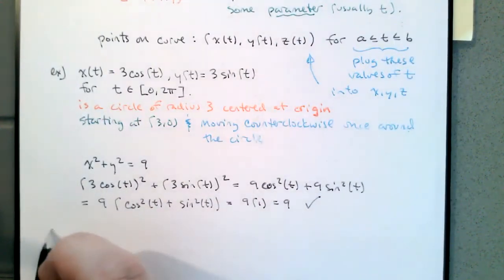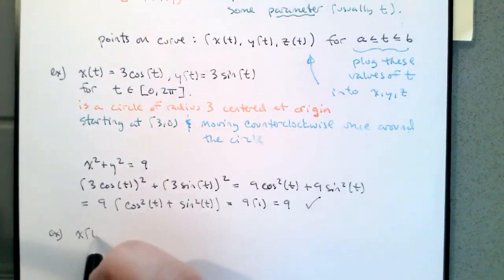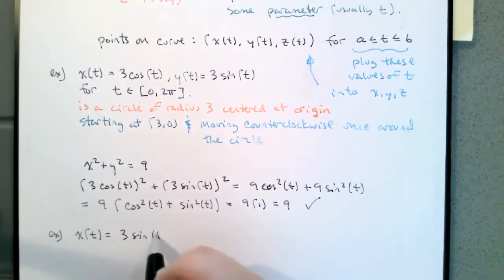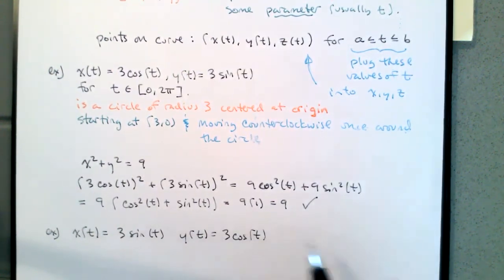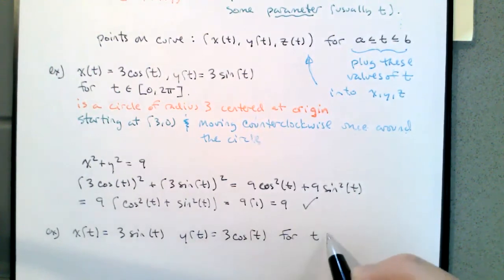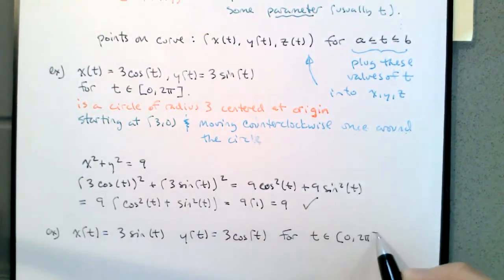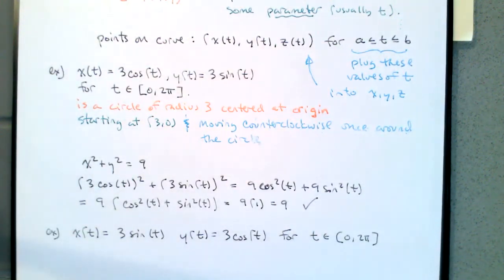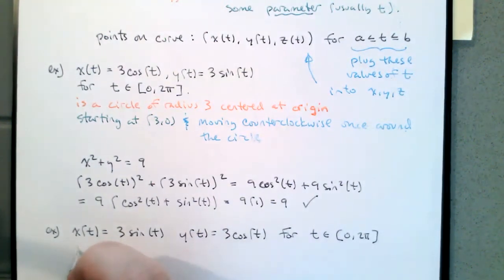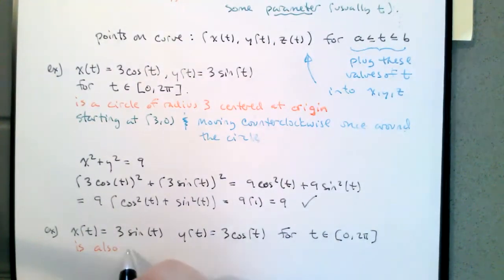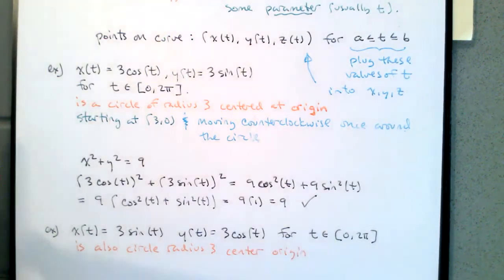Just based on this equation business, if I define x as sine and y as cosine, for t between 0 and 2 pi, just based on the previous work, we should get a circle of radius 3 centered at the origin. Let's find out what happens.